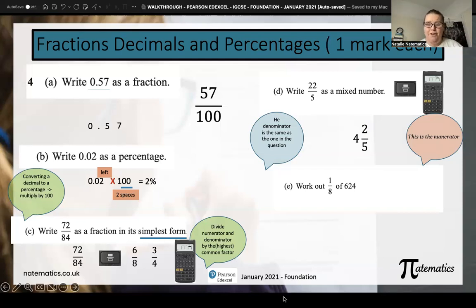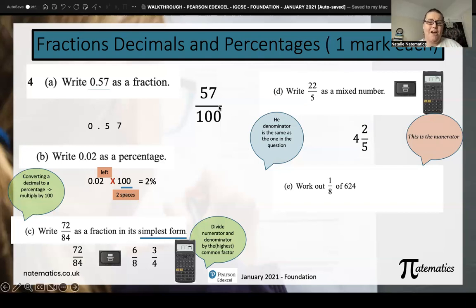I think that's quite a good reminder of how to convert between fractions, decimals, and percentages. Again, go over that and just make sure that you're happy with each of those methods. What I will add before I go on is, when you are converting a fraction to a decimal on a calculator paper, you divide the top number by the bottom number.